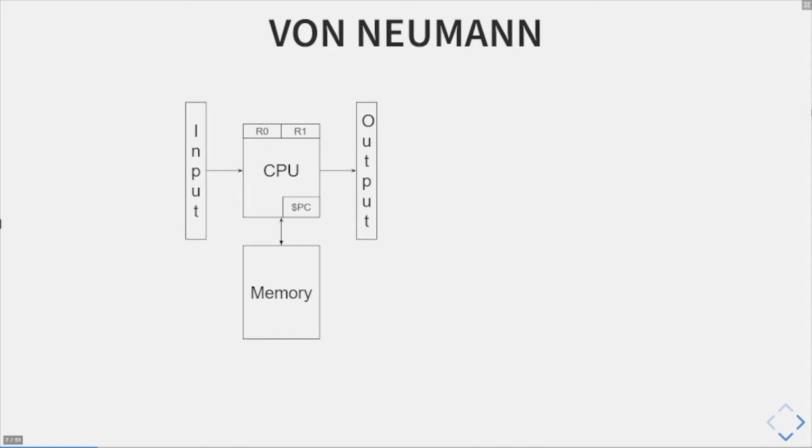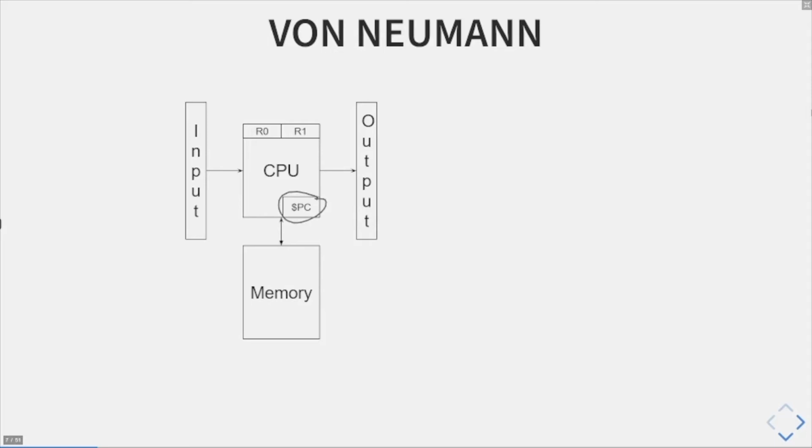As I said, it's just a block of memory addresses which stores values, so single bits, which is connected to your CPU. There's one special register that you have for all of those von Neumann machines, and that's called the PC, short for program counter. It keeps track of the next instruction to be loaded or the current instruction that's executed.